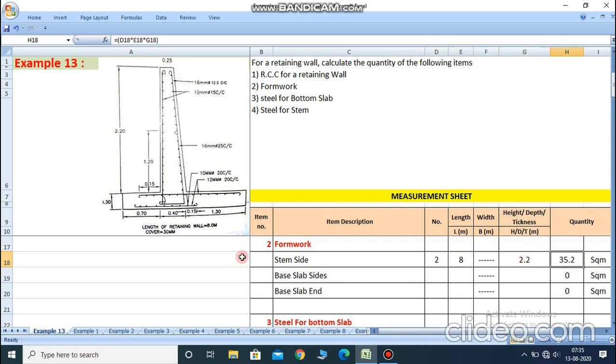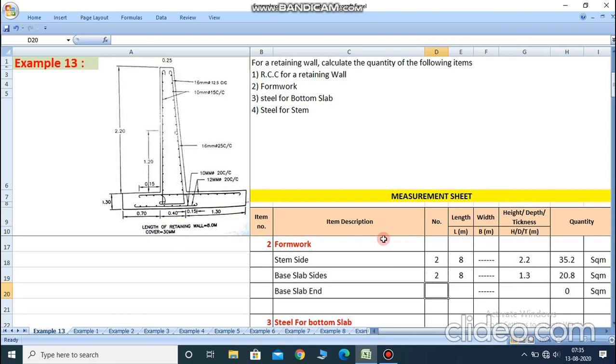Then the base side slab, this side slab is the end slab, and this side, right side and left side. So for the total 8 meter length of the retaining wall, 2 are required, so 2, 8 meter length, and the height is already given in the figure as 1.3, so 1.3.